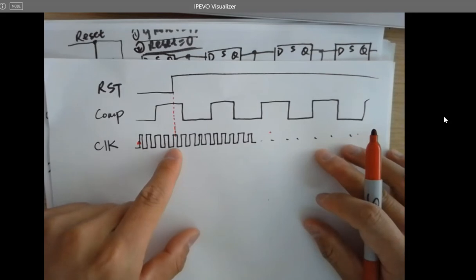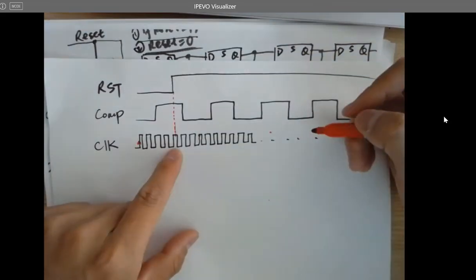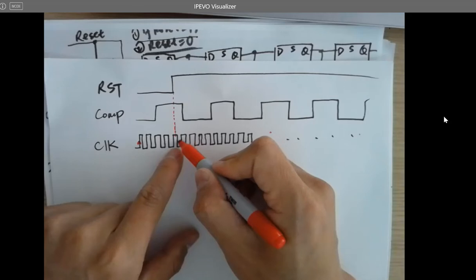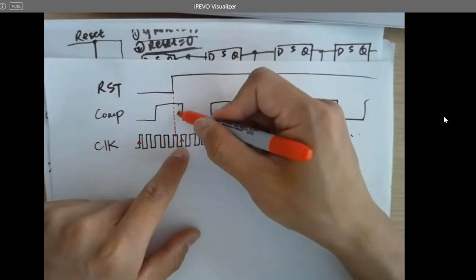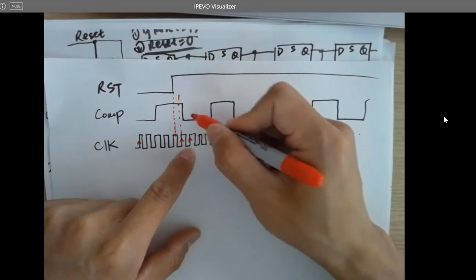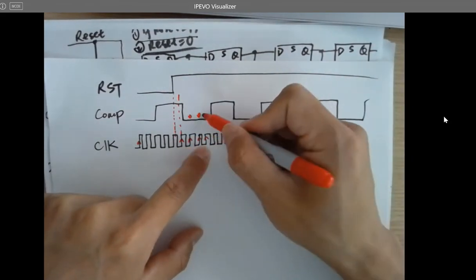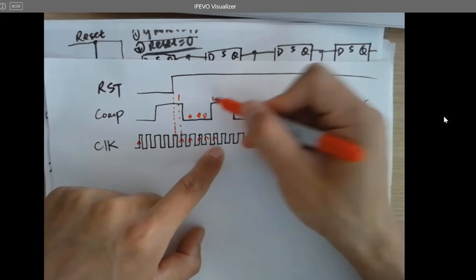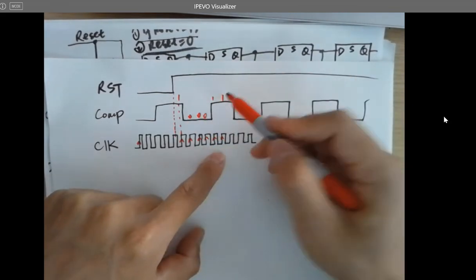Even this rising edge is not doing anything. It's going to start operating from this rising edge. And it's going to sample what? It's going to sample 1 here, and then sample a 0 here, and sample another 0 here, and sample another 0 here, and sample another 1 here. 1, 1, 2, 3, 4, 5, 6.